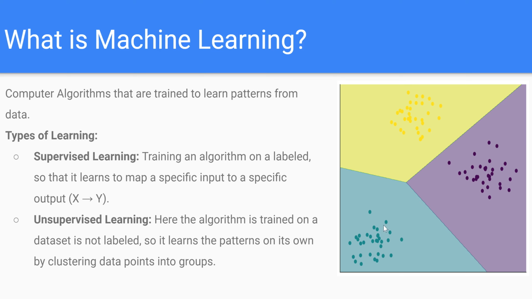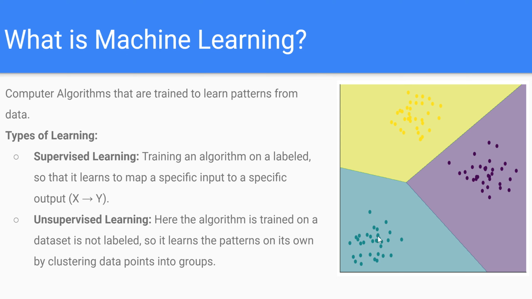To give you a quick visual diagram, here's a diagram of some points that I scatter plotted. This is the first feature on this axis, and the second feature on this axis. You can see these points naturally cluster up into groups: yellow here, purple here, turquoise here, blue here.